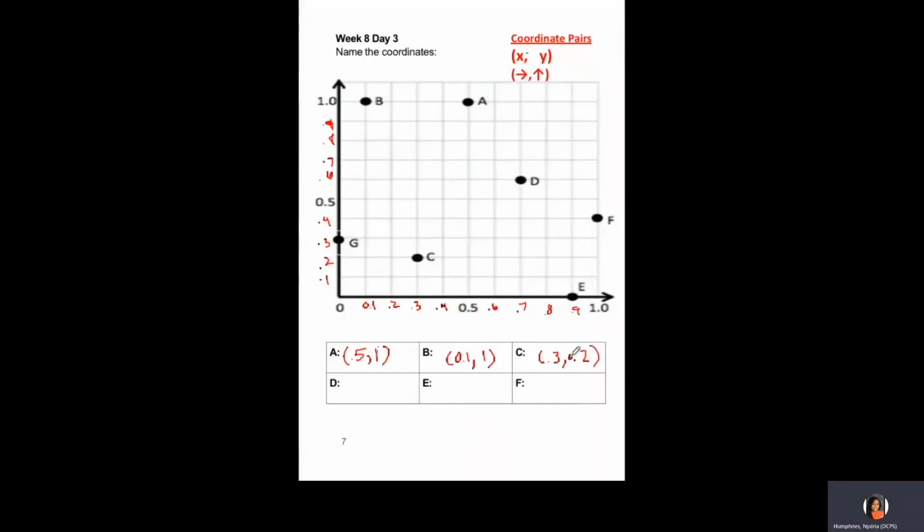I'll just make our 0 there, placeholders. All right, let's look at D. Go across our x-axis, and we're at 7/10 for x. And our y value for D is 6/10.